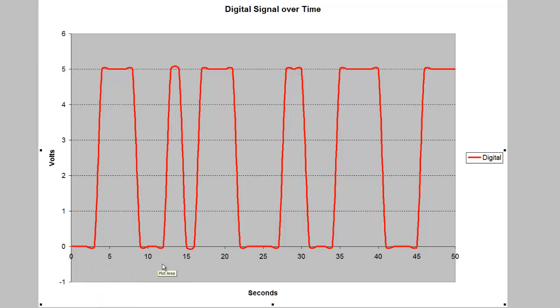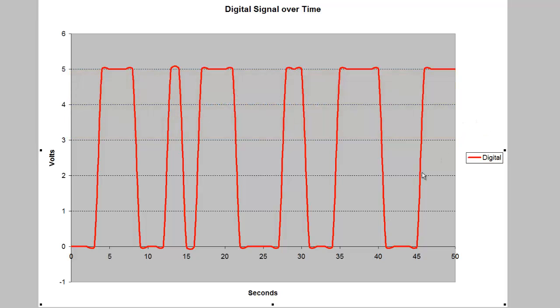So as far as the Arduino is concerned, any voltage between 0 and 1.5 volts along this line here is considered a logic 0. Any voltage from 3 volts and above is considered a logic 1. So it has two states, either on or off. That's it.